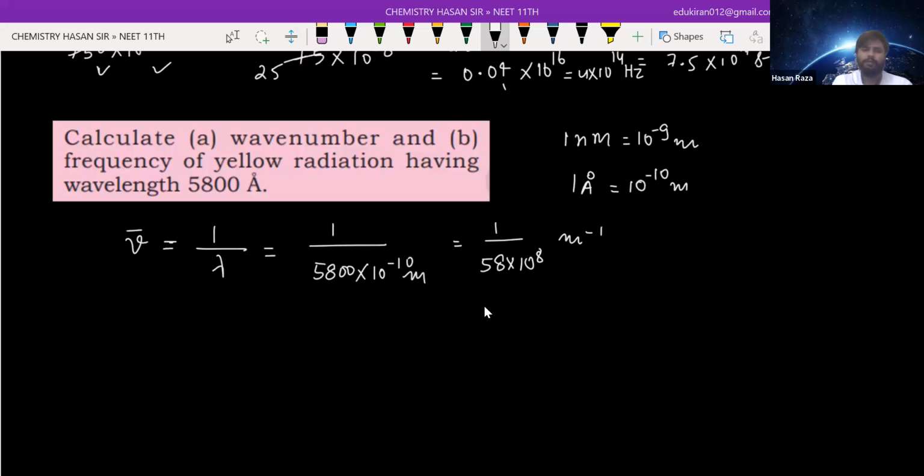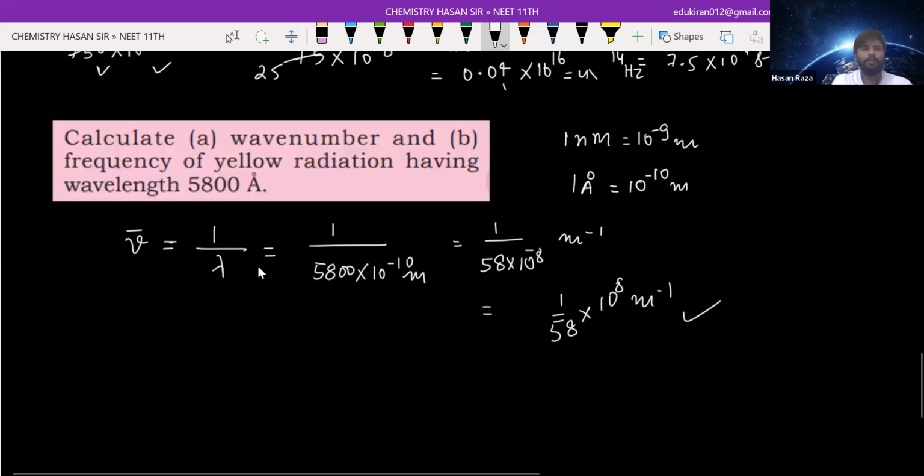Yes, very good. So you will get finally 1 upon 58 into 10 raised to the power minus 8, this is minus, so it becomes positive, per meter.